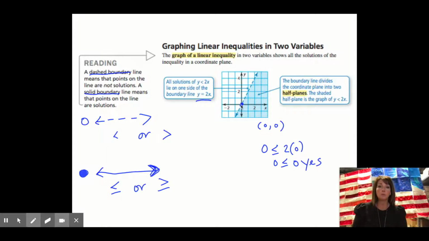Therefore, it should be shaded below that, right? And this also does say less than. So remember that y going down is less, and x going to the left is less. If we ever have a vertical line, going to the left is less, and if we go above, y gets bigger or is greater than in the up direction. So a little bit of it is directional and a little bit of it is testing a point.